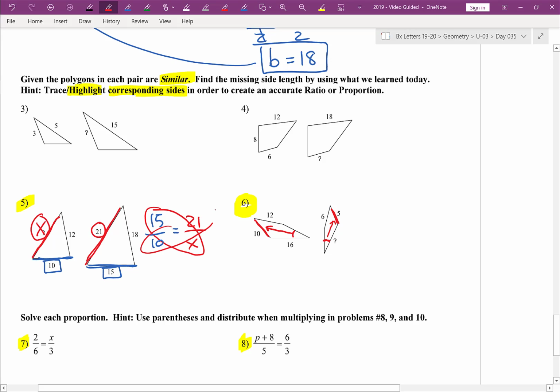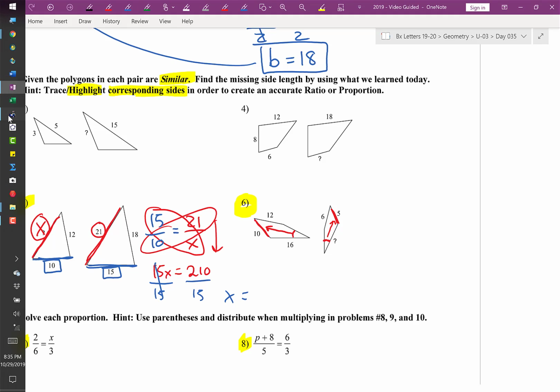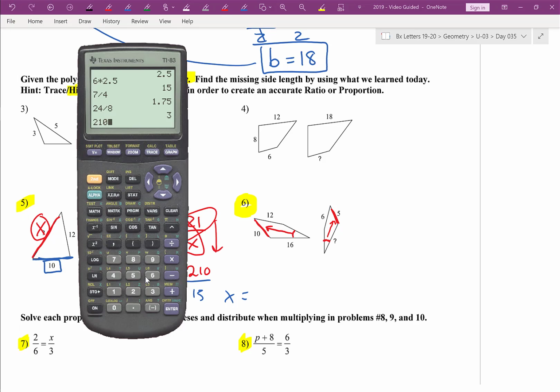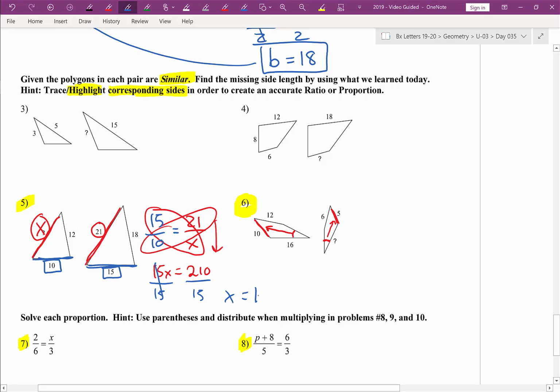To me, they're just easier to do. 10 times 21 is 210. 15 times x is 15x. Divide both sides by 15. And x is, I got no idea. 210 divided by 15. 14. Boom. That side is 14.